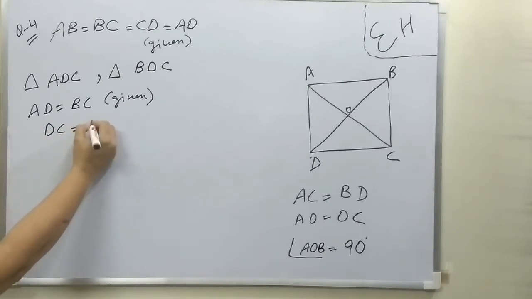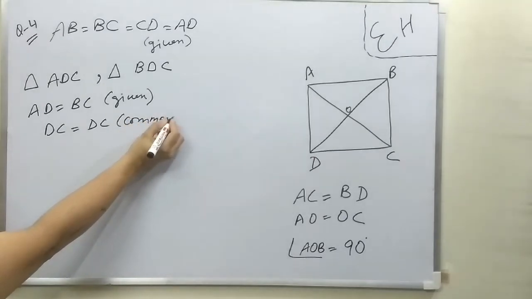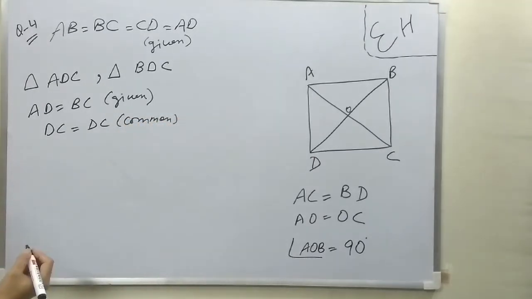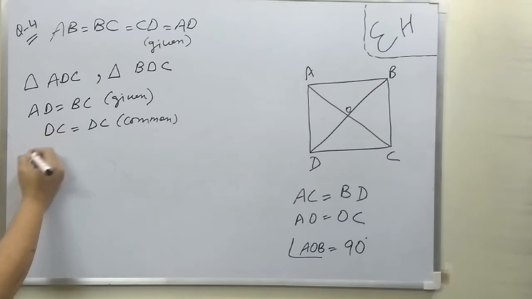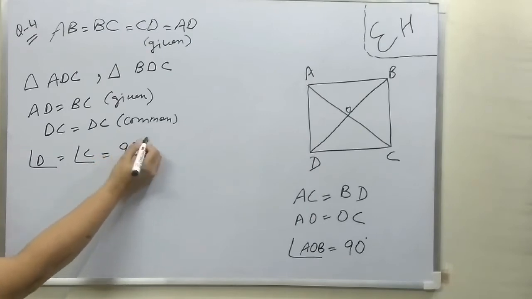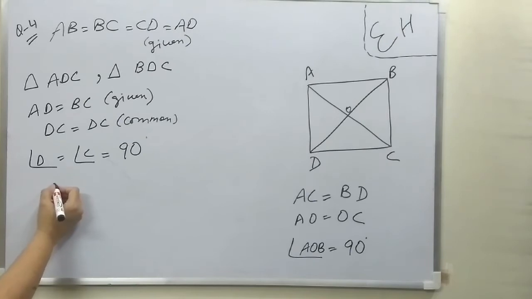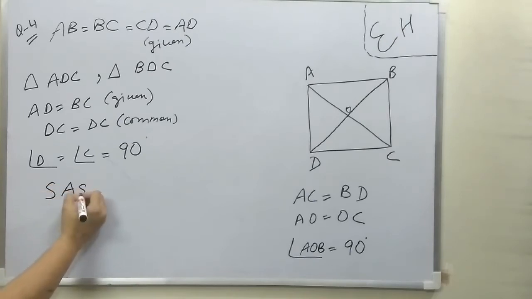DC is equal to DC, common. And it is a square, given. That means angle D is equal to angle C, that is 90 degrees. So the triangles are congruent by SAS rule. Triangles are congruent.